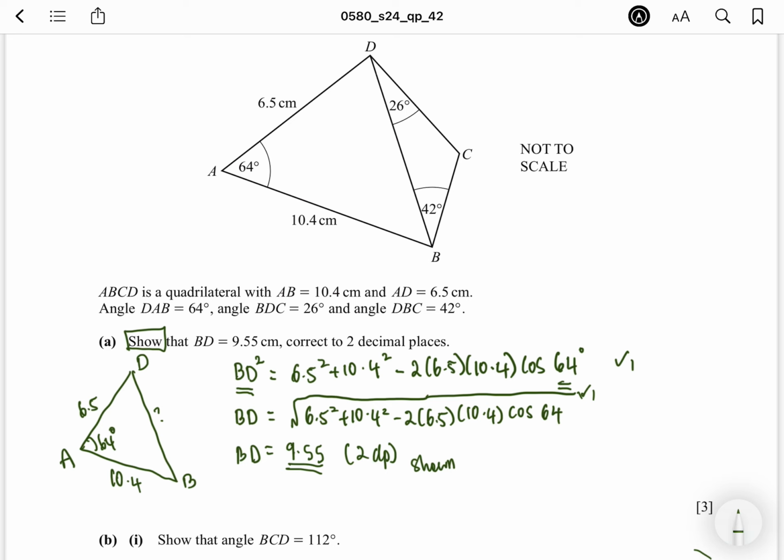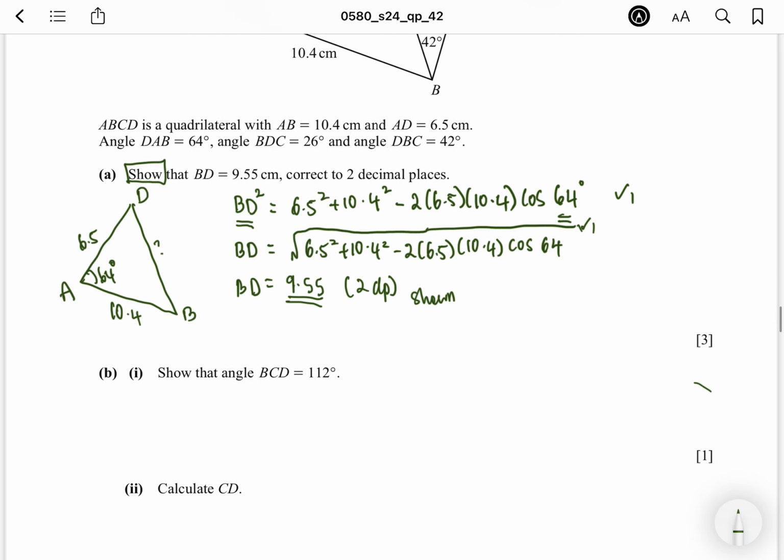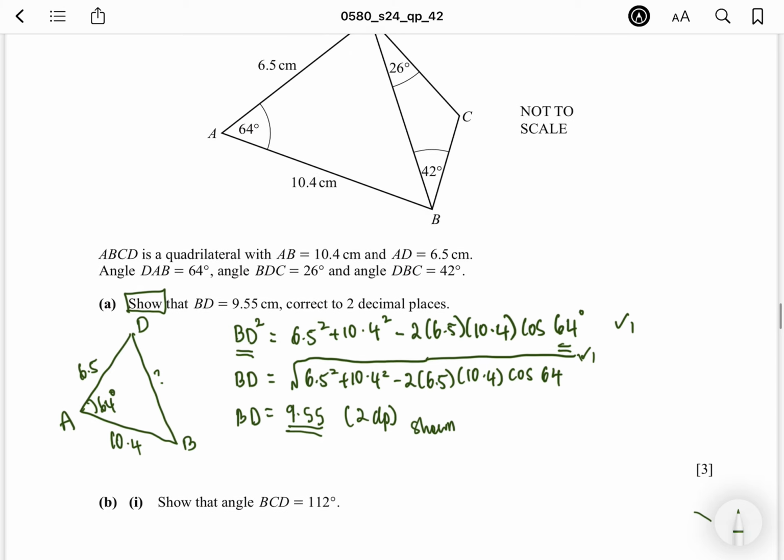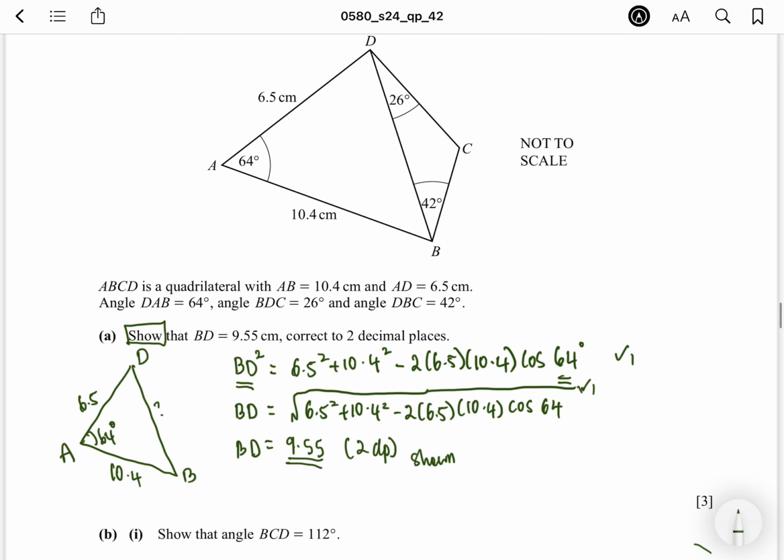Right, so next question. Show that BCD is equal to 112.